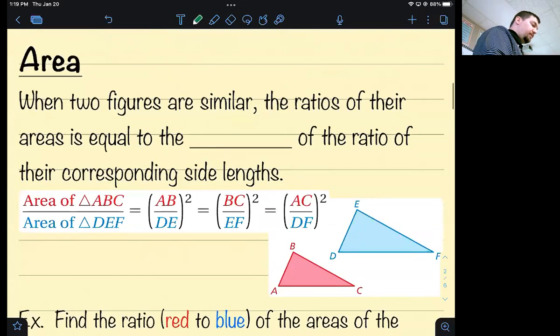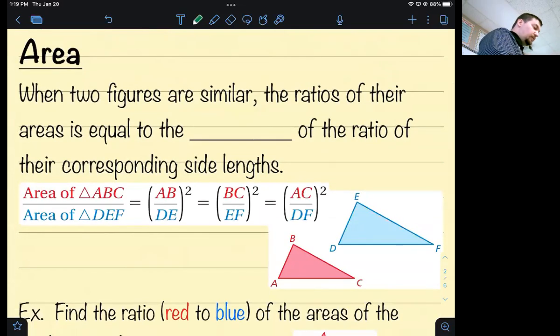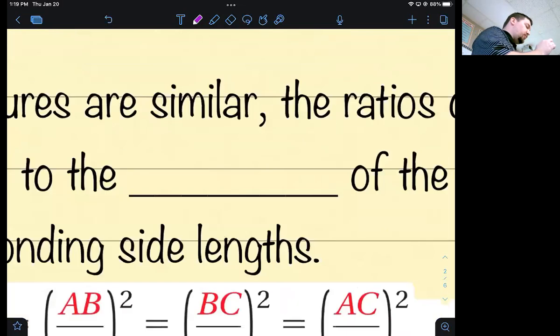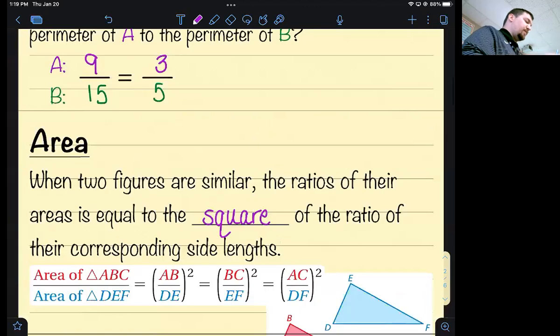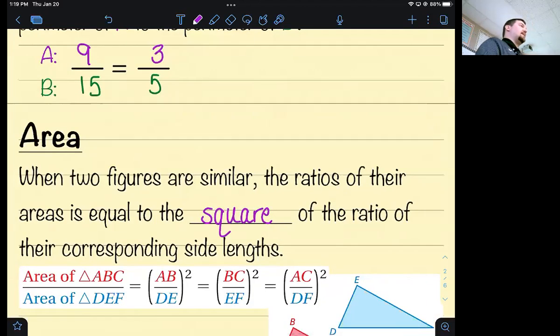So that's perimeter. Now we got area. When two figures are similar, the ratio of the areas is equal to the square of the ratios of their corresponding side lengths.